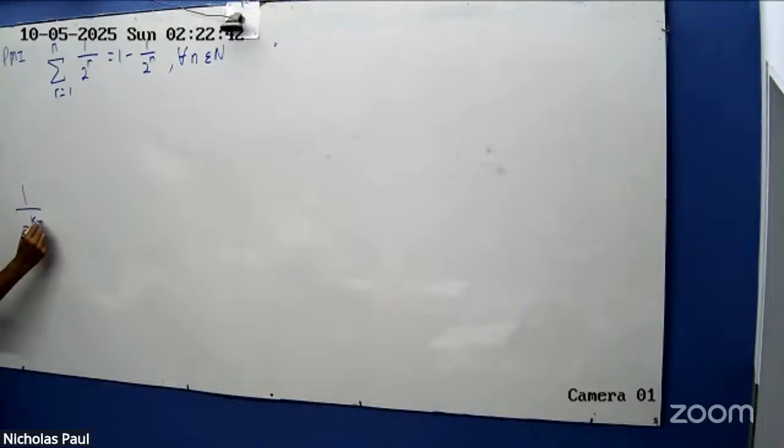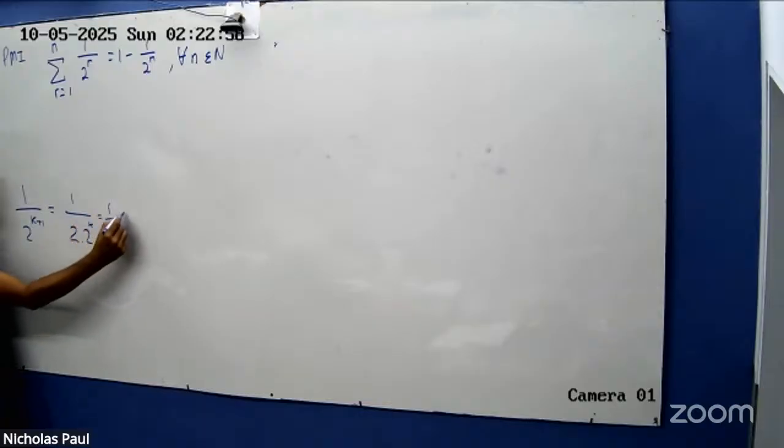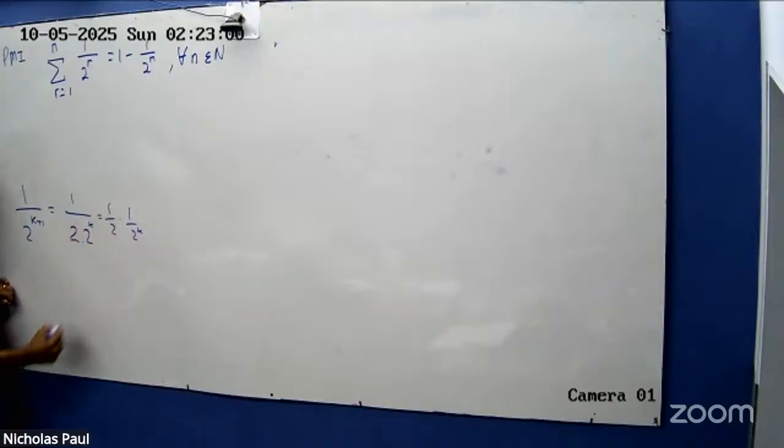Most of you may have reached right here and wonder what to do. This is the same as what? Take it step by step. Can you break this down? If I separate it, can I write it like that? Like a half, right? Think about it like that. Might help you.